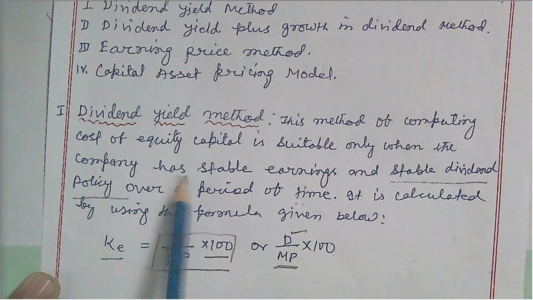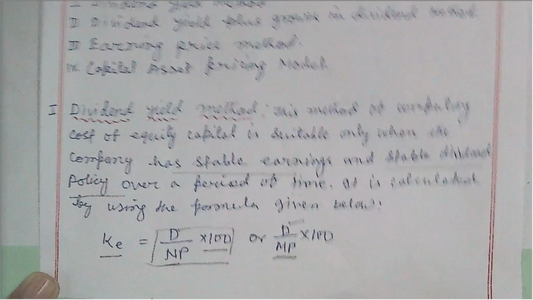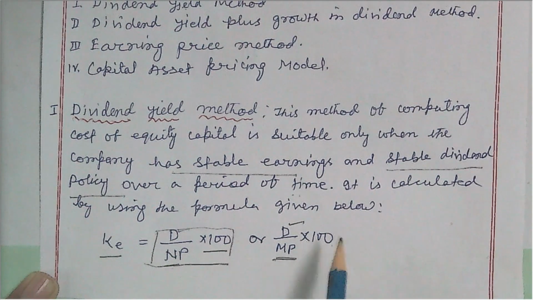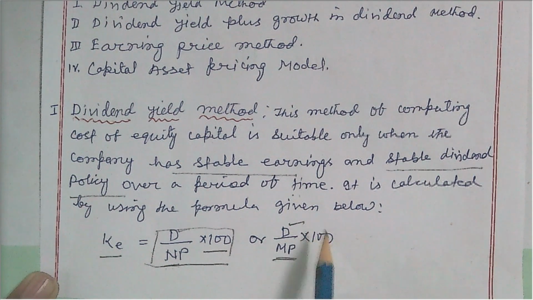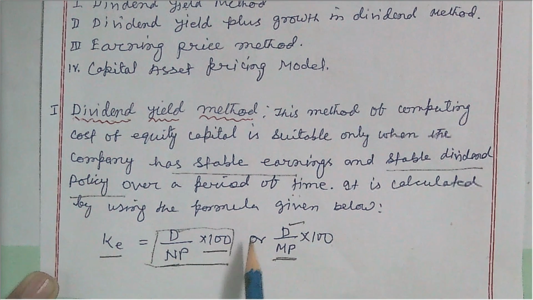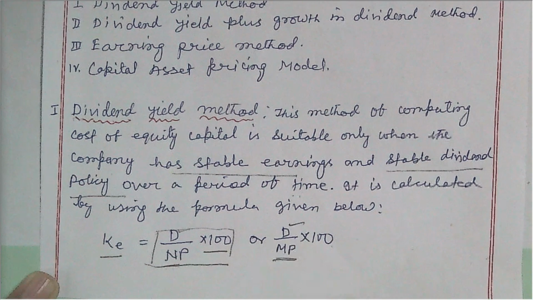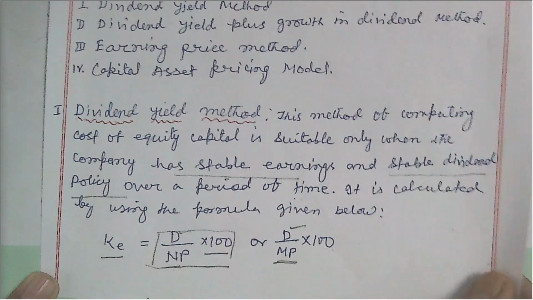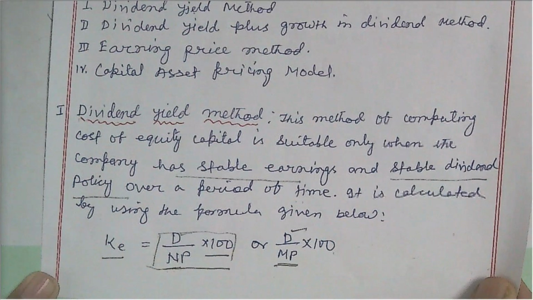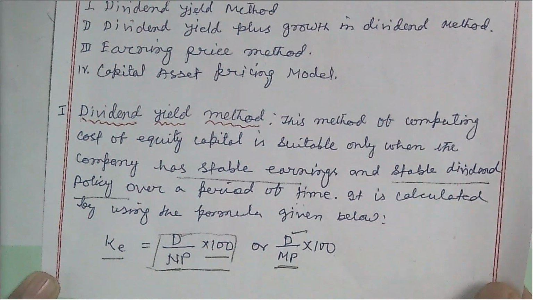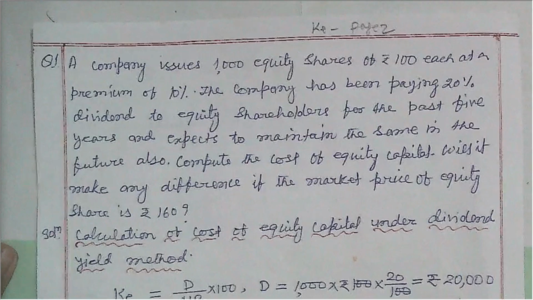The company has a stable earning, a constant amount, and out of that constant earning it is able to pay a constant dividend to the equity shareholders. Very simple.